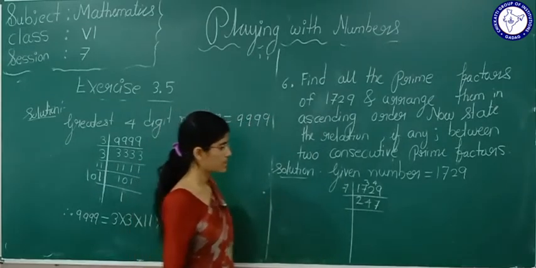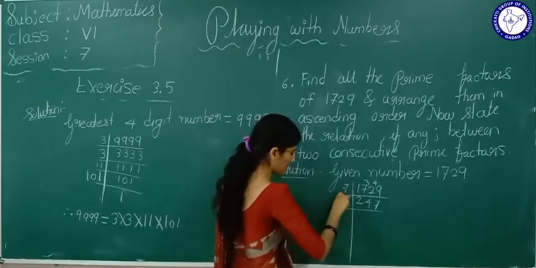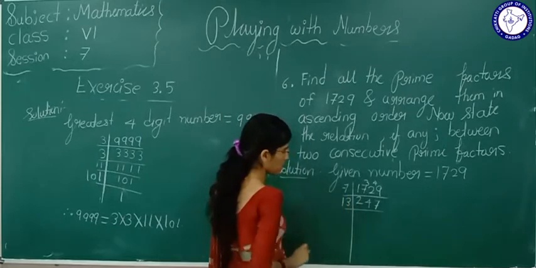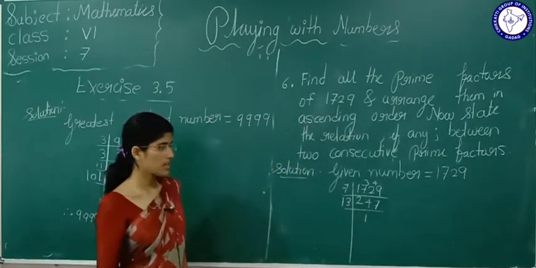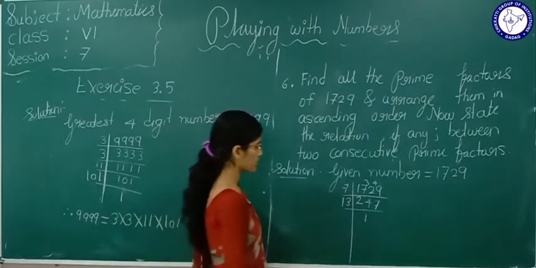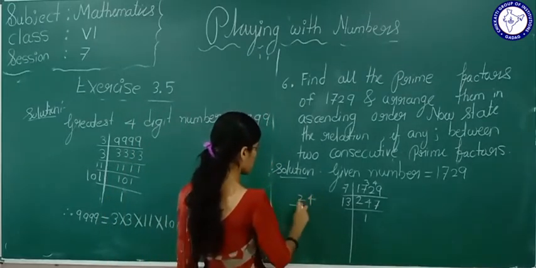Again see here, the next smallest prime factor is 13. 13 ones are 13. 24 minus 13.